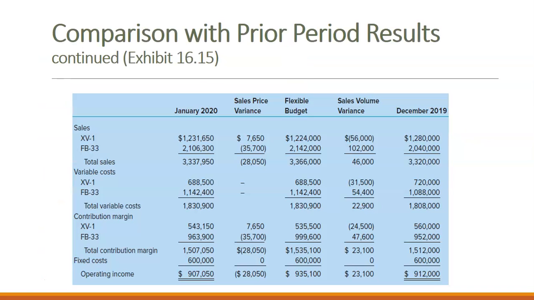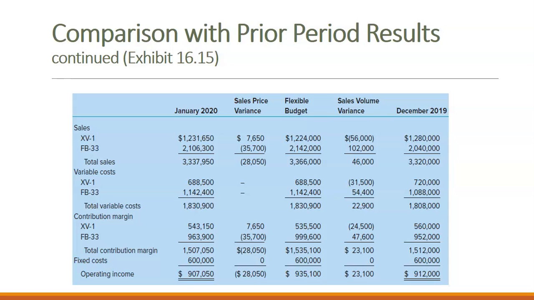When we expand that out further, we see the sales price variance versus the sales volume variance and our flexible budget information. So we see that a lot of the contribution margin variance is caused by the fact that that FB33 product dropped in price by $10 a unit.